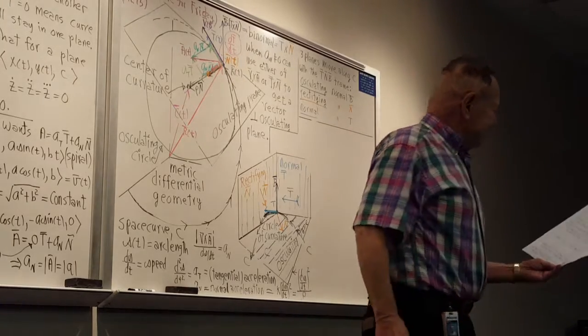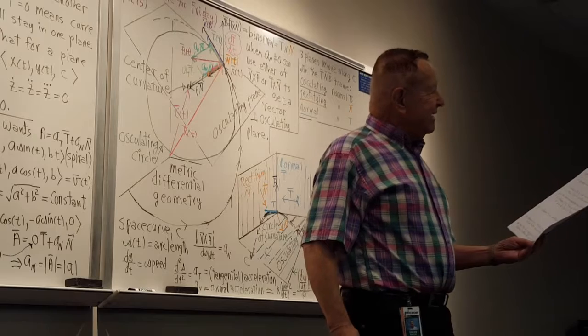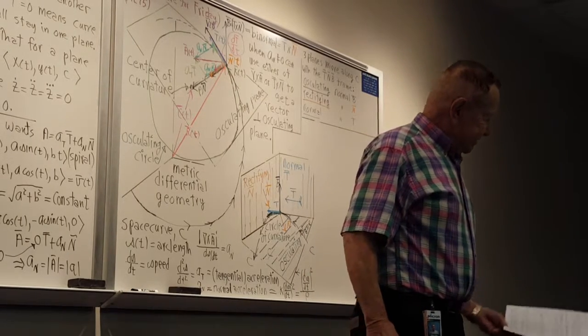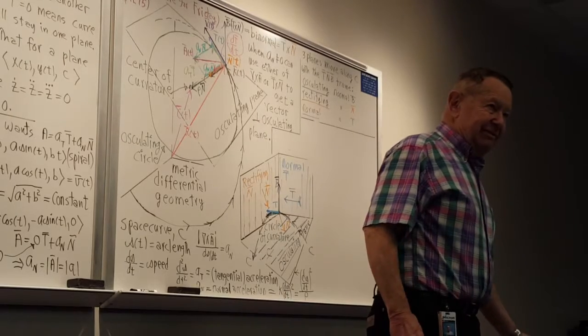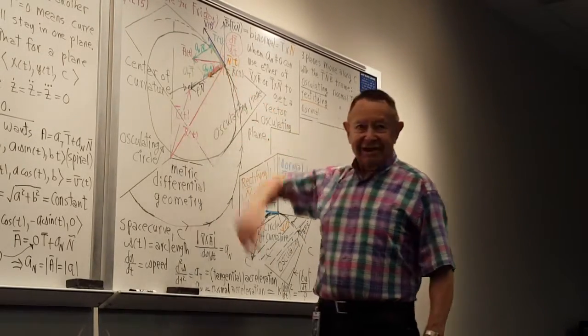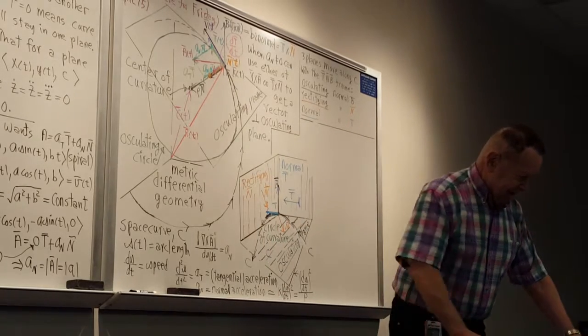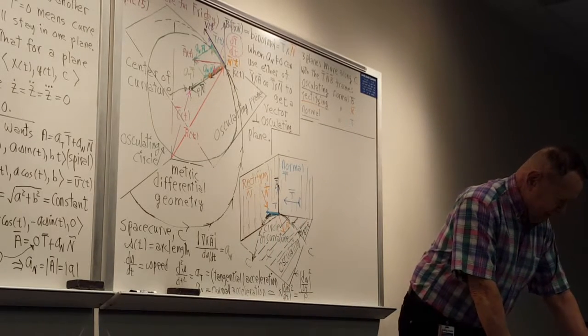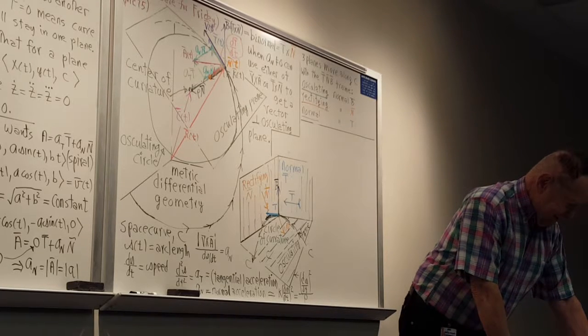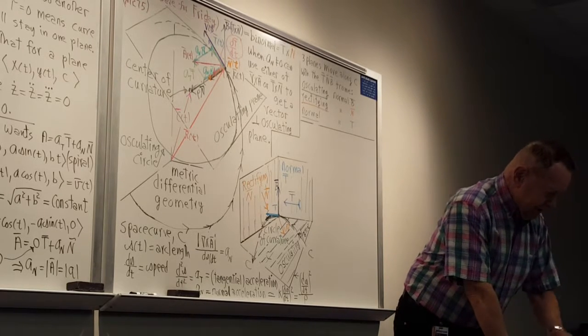If you were here yesterday, you saw I give you the r of t, and you just go through all these derivatives and get the various vectors like in this picture. As I said yesterday, notice statement 2 there, get ds/dt.